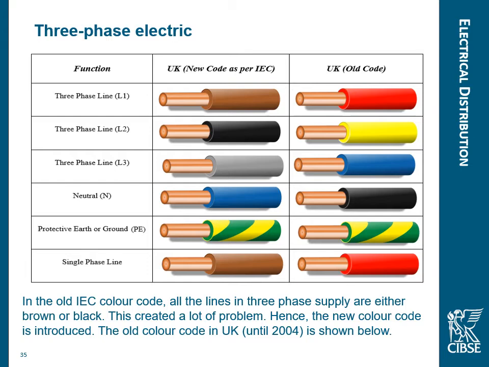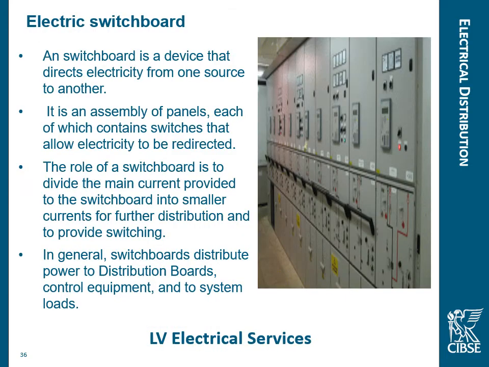I think we're going to have to live with this probably for many years. We're probably not going to change this wiring, but any new wiring installed now is the new colour system, and any old wiring tends to be the older colour system. If we've got two wiring systems in a board, we should have a label on there stating that be aware that there are two colour schemes.